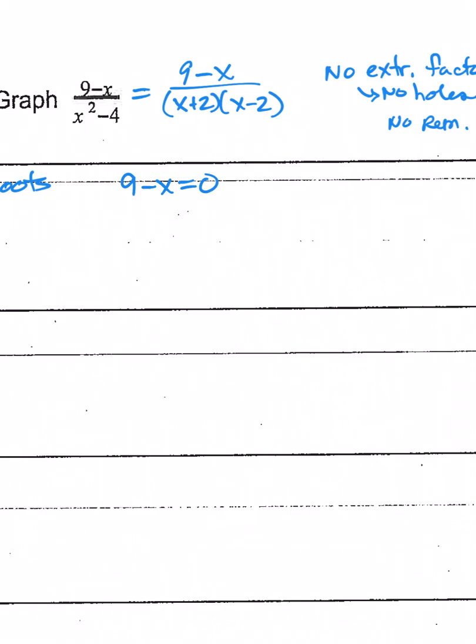Please solve for x. Negative x equals negative 9. You'd be surprised how many times people get this wrong. X equals 9. So we have a root at 9, don't we? Put it on your graph. Root at 9. Right here.